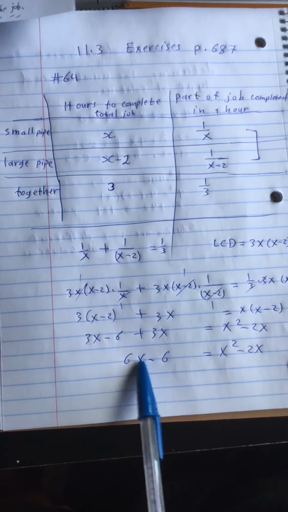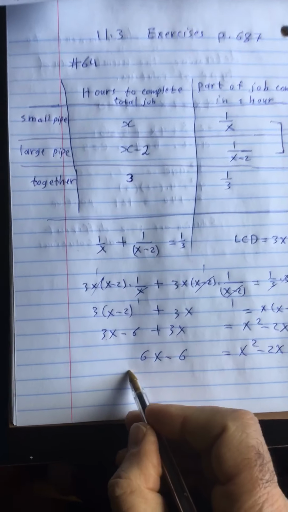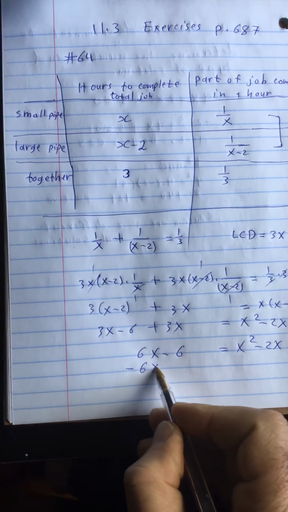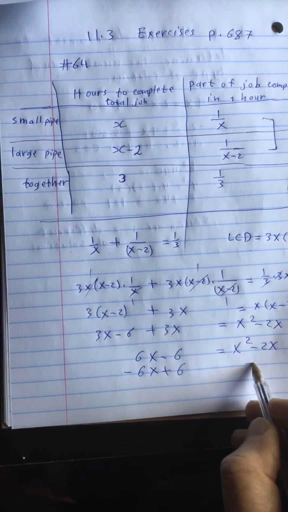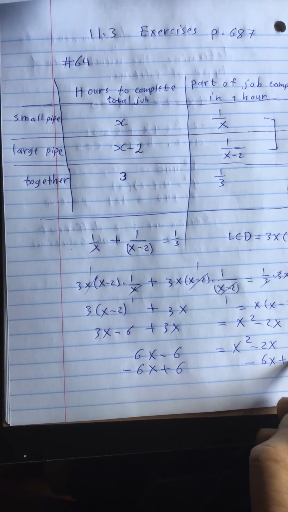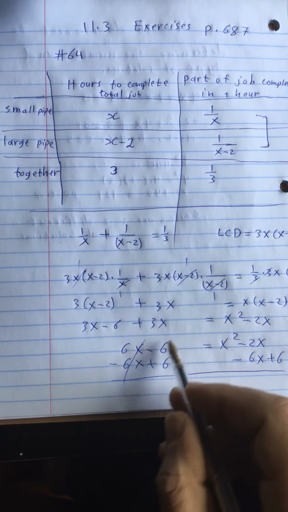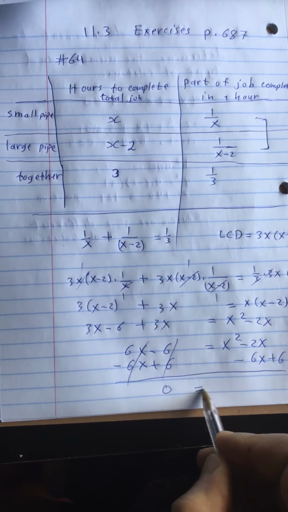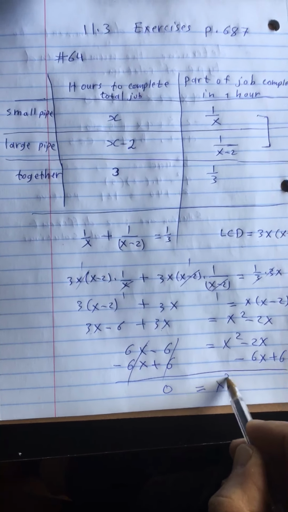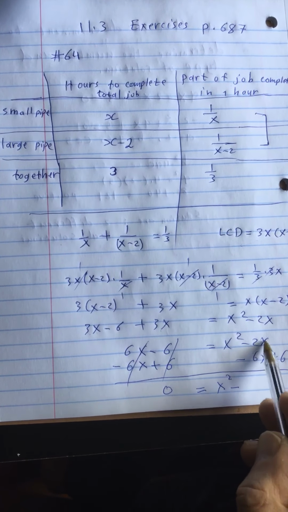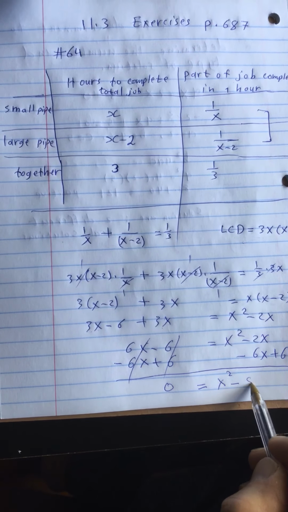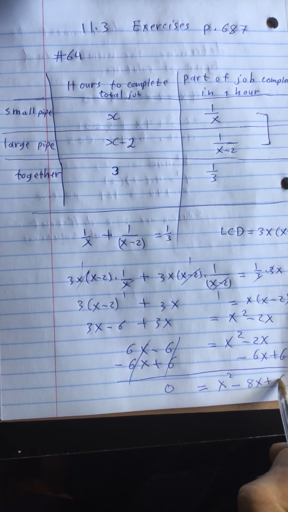Now move these two terms to the other side. Subtract 6x, then add 6. The left hand side is 0. The right hand side is x squared minus 2x minus 6x, which is minus 8x, plus 6.